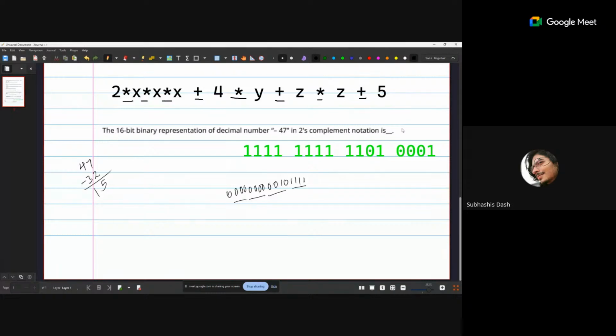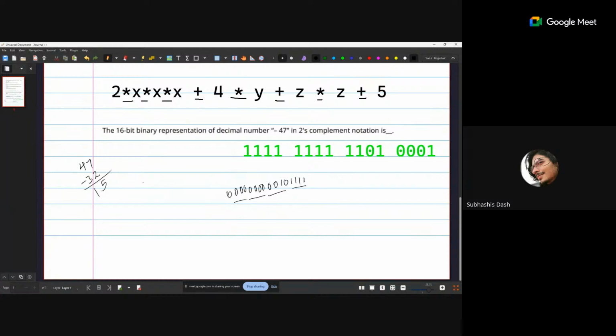So do you guys know about the trick to getting 2's complement? Okay, so there's a trick to getting 2's complement like this. So the trick is very simple.